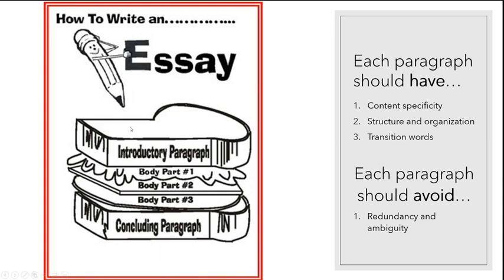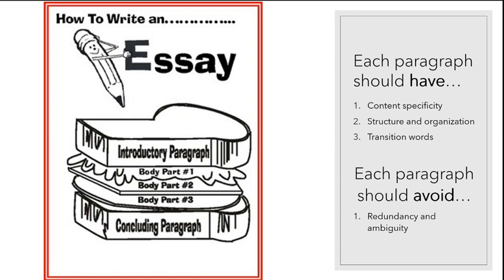Every paragraph within this essay should have content specificity, which means it should be specific to one topic. You shouldn't be talking about many different topics at the same time. It should be structured and organized, and what's going to help you with that is using transition words. You have to make sure that the flow between words, between sentences, between paragraphs is very smooth.